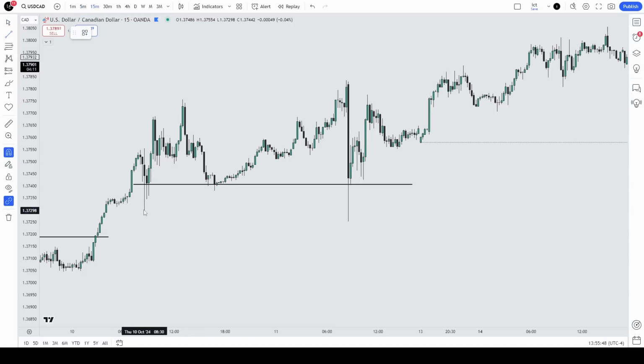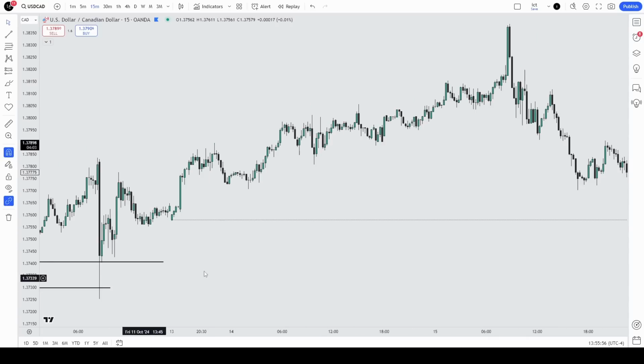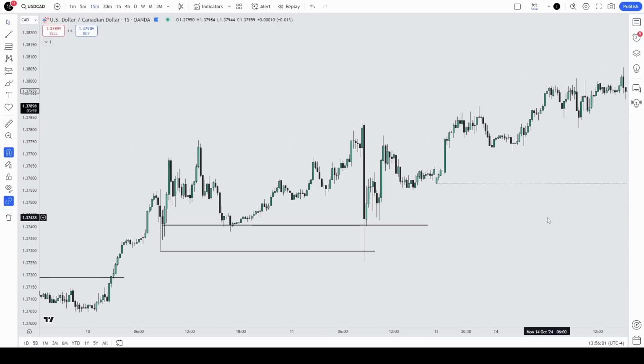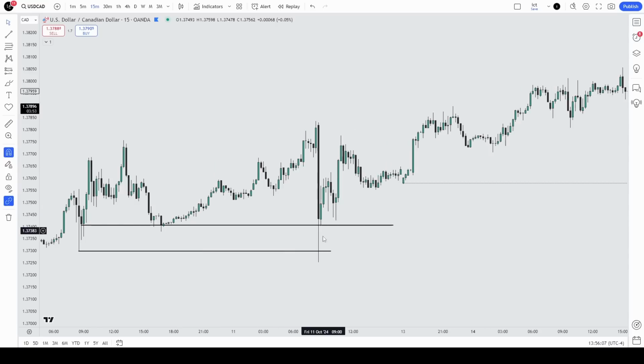Look what happens here. Remember, this is the previous day body this time. You can use the high. Anything below here is technically a buy and you would still make money in the long run. But for the sake of this, we are using the body. I want to show you that it's possible to use the body. Look here. We dip below, take out sell side liquidity at what time? 8:30.